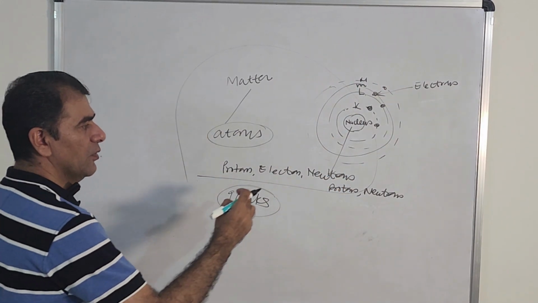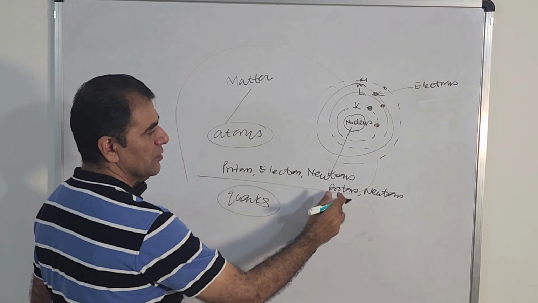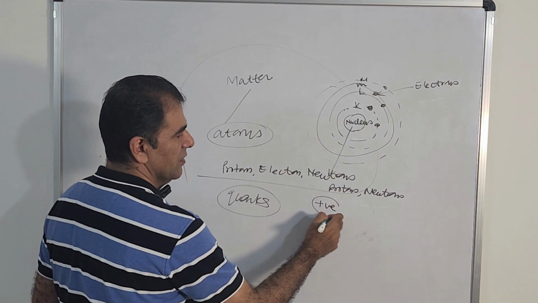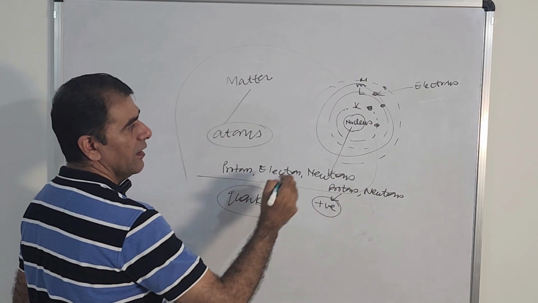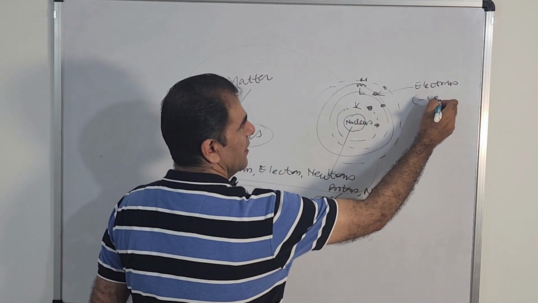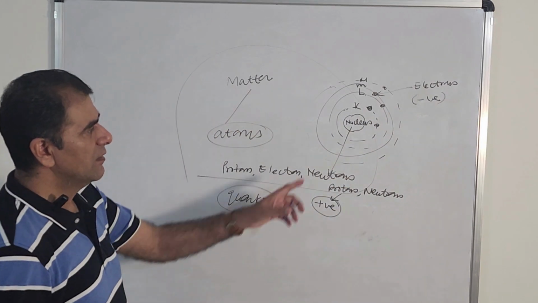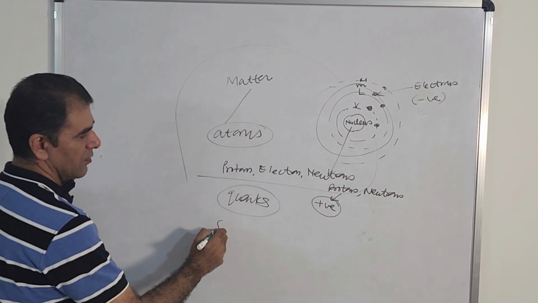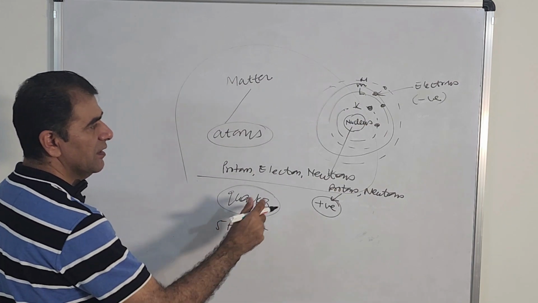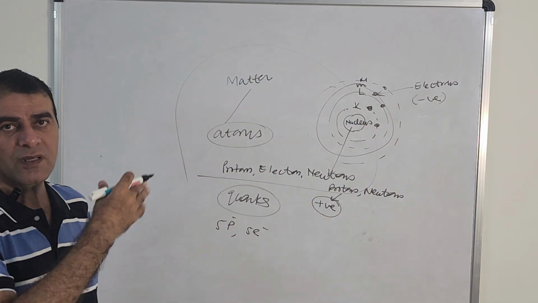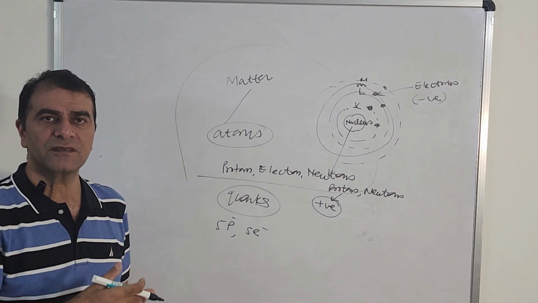Charge carried by a proton is positive, and an electron carries negative charge. If there are 5 protons in the nucleus, 5 electrons will be outside the nucleus, revolving around it in different orbits.